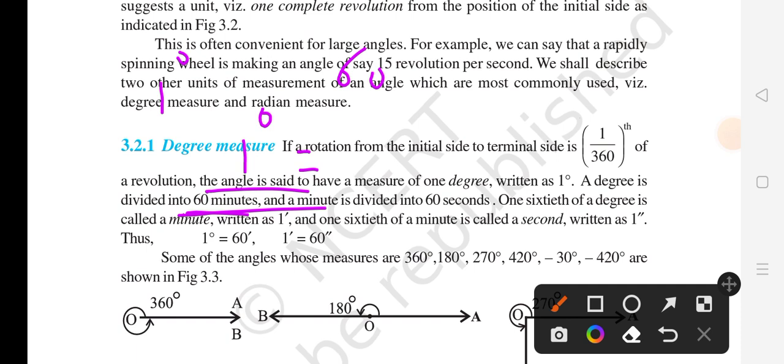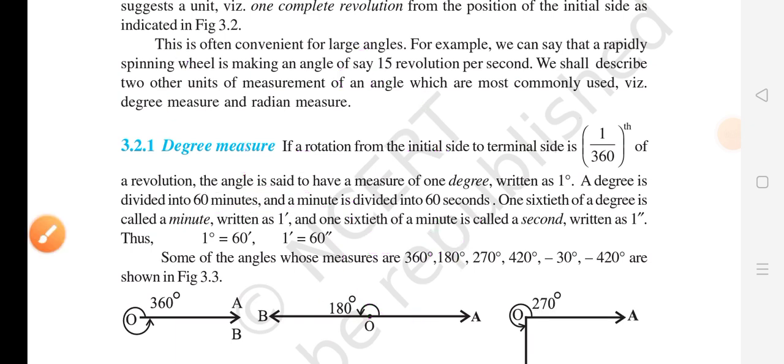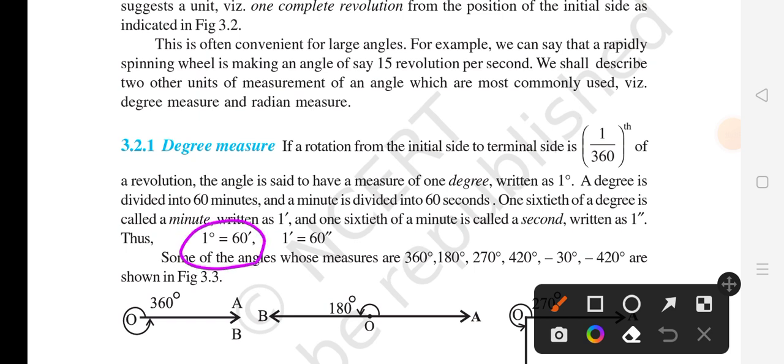So we denote a minute by a single prime mark. 1 minute is equal to 60 seconds, and a second is represented by a double prime mark. So 1 degree is equal to 60 minutes, and 1 minute is equal to 60 seconds.